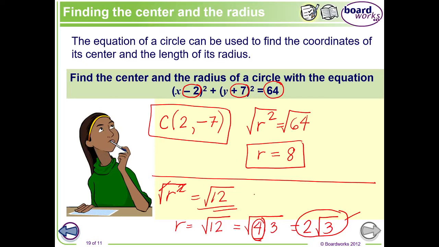How much is that? 3.36. Is this your answer? Those who used a calculator, is it 3.36? 3.46, sir.